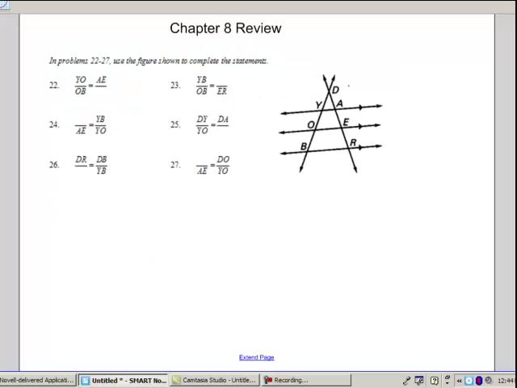All right, we're going to use this figure to complete the statements. YO, which is this piece here, to OB, which is this piece here, is the same as AE to ER. Number 23, YB, this big section, compared to OB, this section, is the same as what to ER?